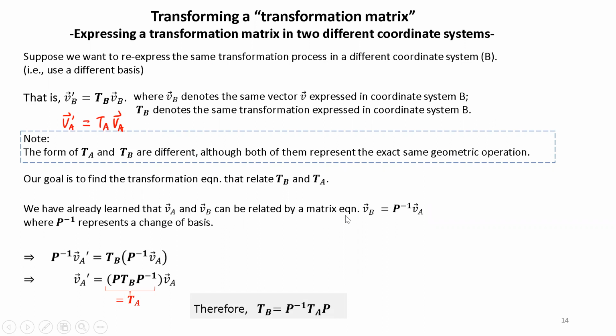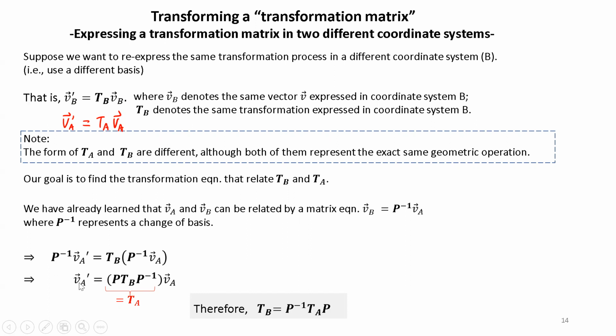So now that means I put this relation back to this equation here. Then I will have P inverse VA prime equals TB P inverse VA. And then I also put this P inverse to the right-hand side.